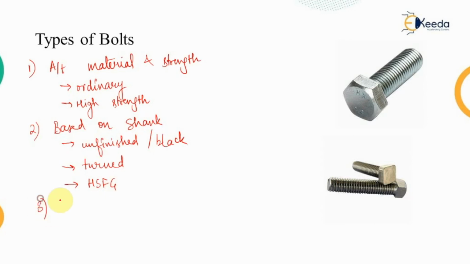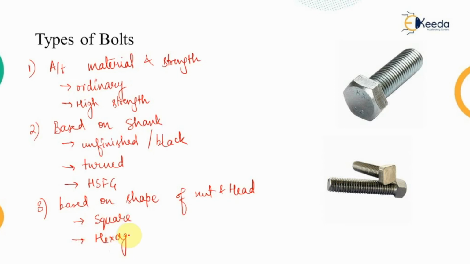Now based upon the shape of the nut and the head of the bolt, they are classified into different categories. For example, primarily we have square shape and hexagonal shape for the different bolts available to us.